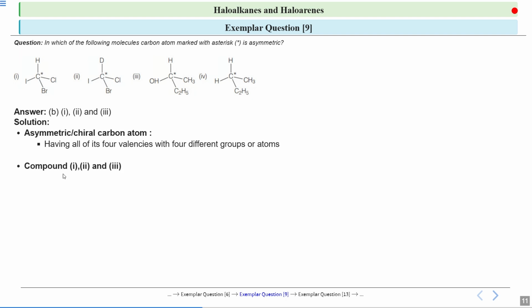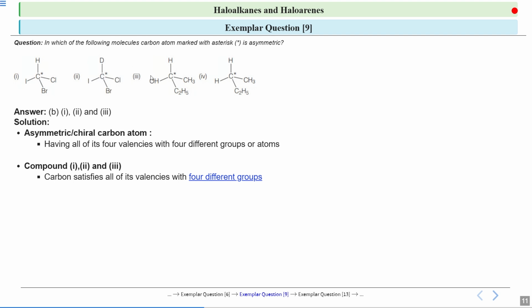If you see the compounds first, second, and third, the carbon satisfies all of its valencies with 4 different groups in these molecules. You can see in the first molecule, we have carbon connecting with hydrogen, chlorine, bromine, and iodine. All the 4 are different. In the second molecule, also carbon connecting with deuterium, iodine, bromine, and chlorine.